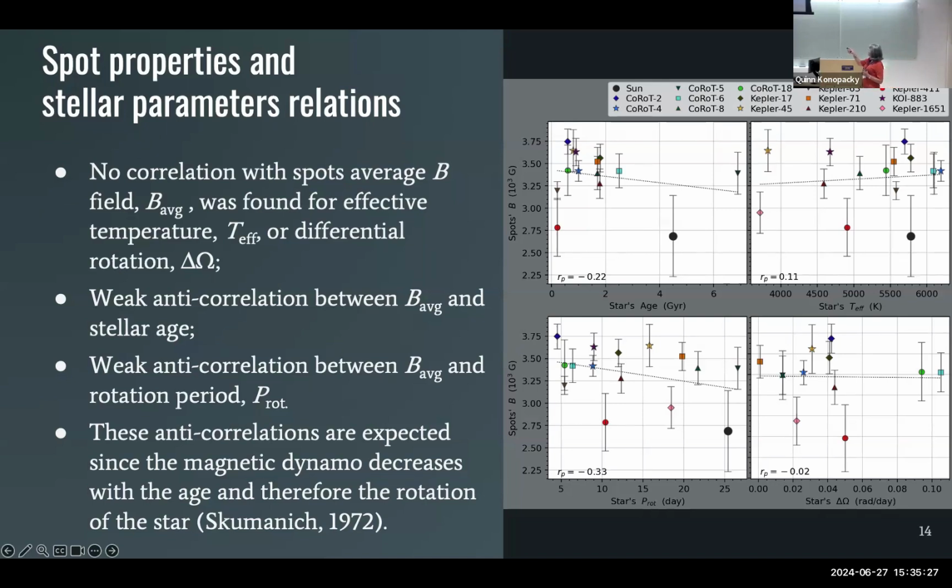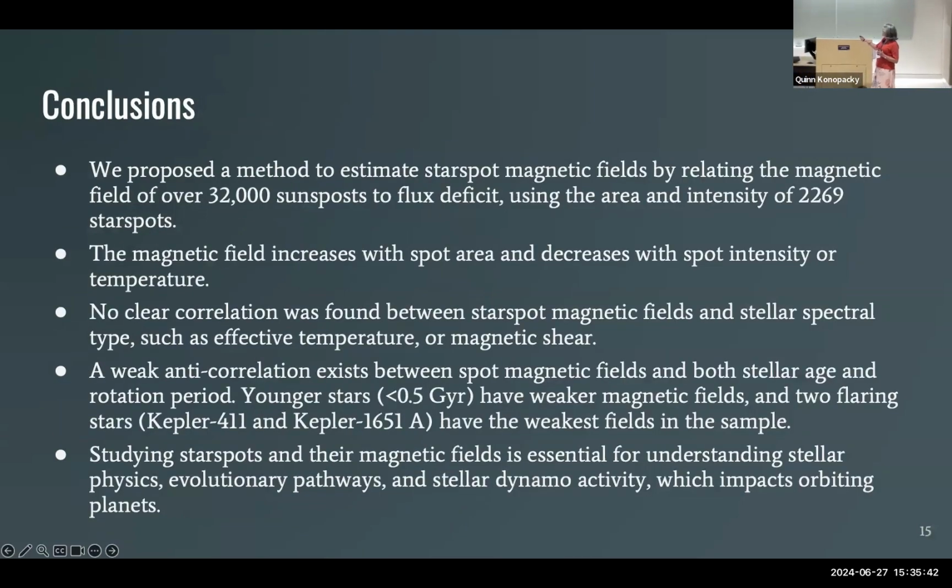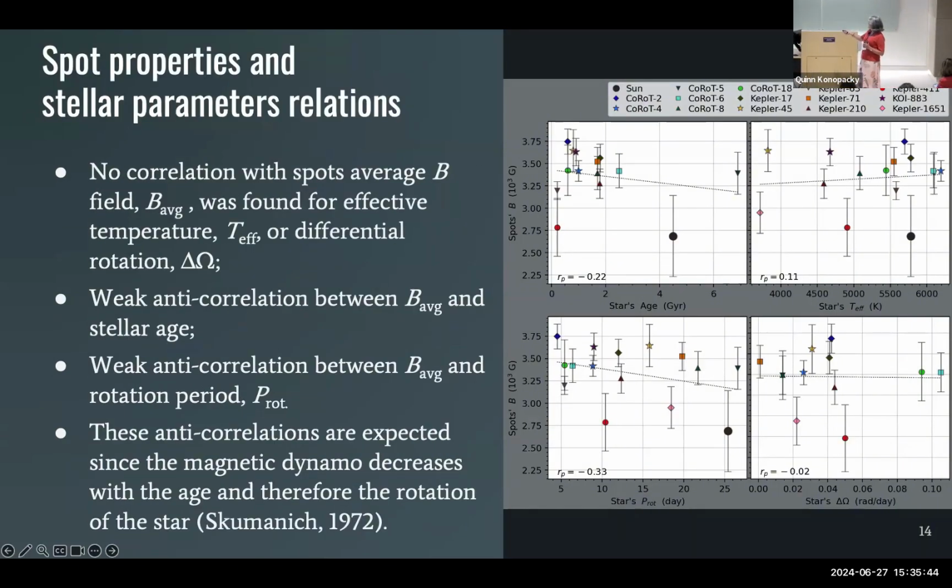However, we see a weak anti-correlation with the stellar rotation period, which is something we've seen in many talks today. The stellar periods are all higher than 5 days, so these are all in the unsaturated regime.